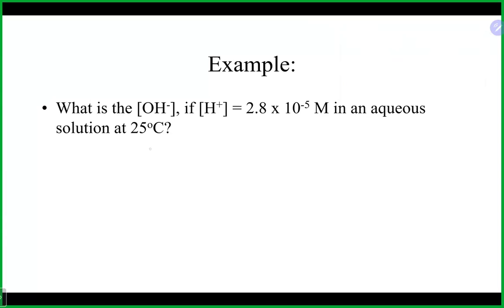Okay, so OH minus, again, in this case, going to be using our KW value, 1 times 10 to the minus 14, divided by 2.8 times 10 to the minus 5. That is going to get us here. Looks like 3.6 to the minus 10 in this case.